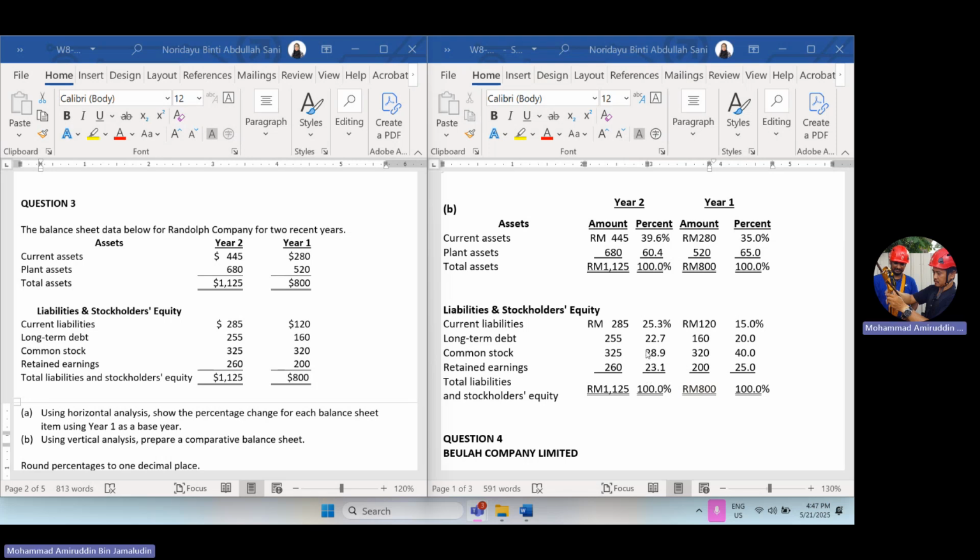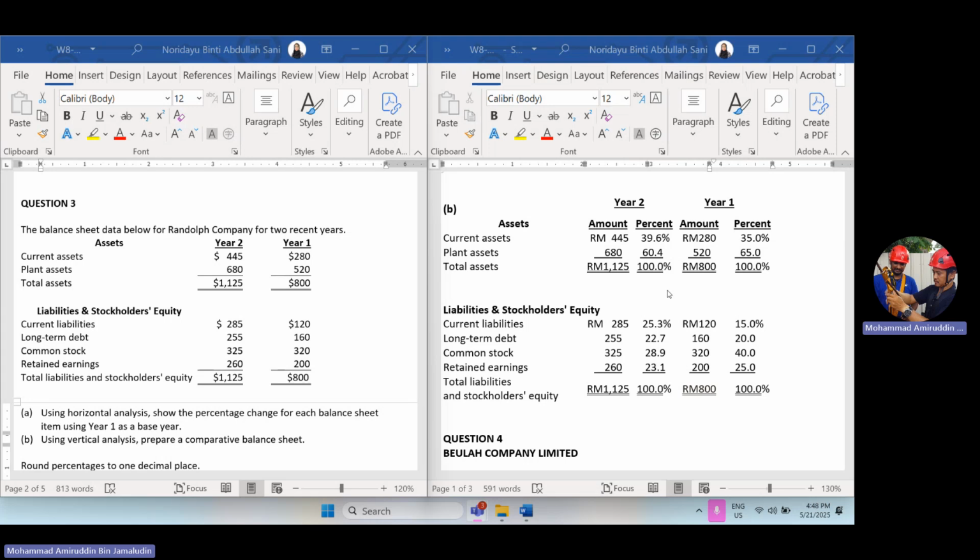So from here you can see the long-term debt is about 23%. Current liability, 25%. So if I add total liability, 25.3 plus 22.7 is nearly 50% of the total equity. Okay, sorry, yes, total equity, 50% represented by debt, by liability.